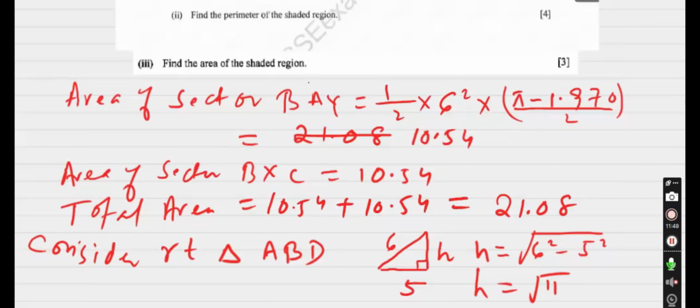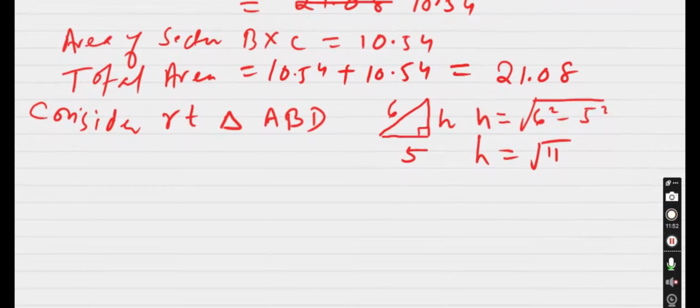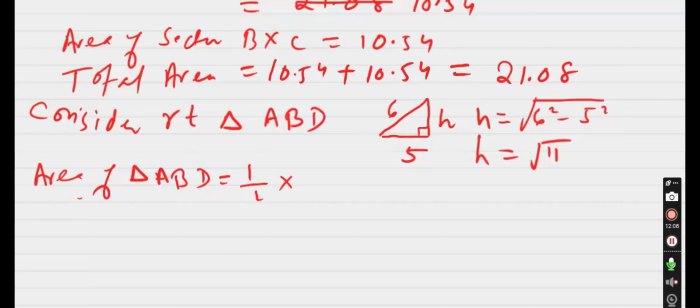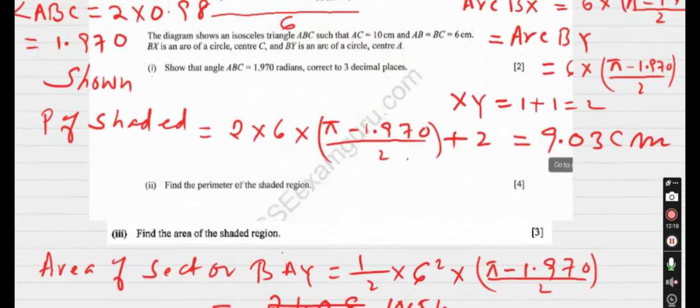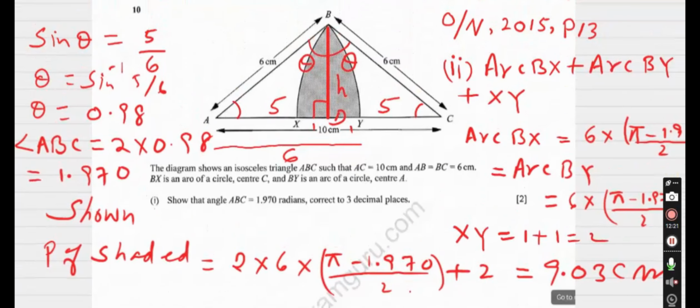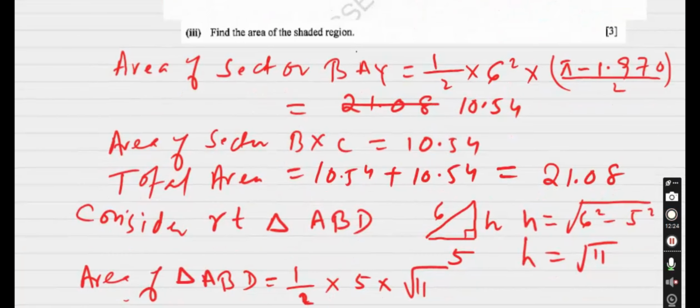Now find the area of this triangle. So area of triangle ABD is half into base 5 and height root 11. And you know, the other right angle triangle in this diagram is also the same, that is right angle triangle BDC.